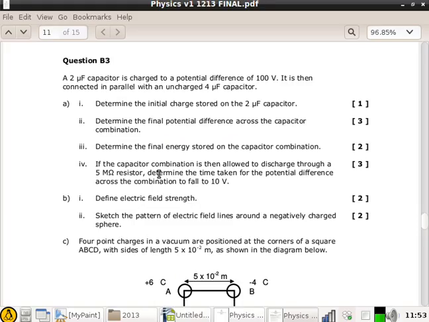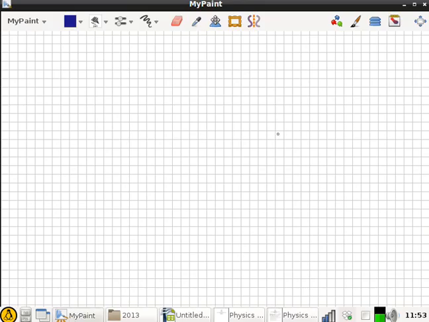Work on that for 1 minute. I just want you to do this part. The formula you need to use is Q equals CV.